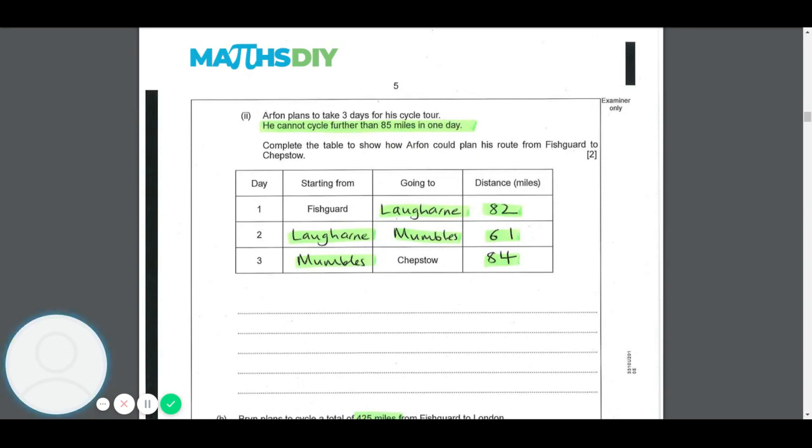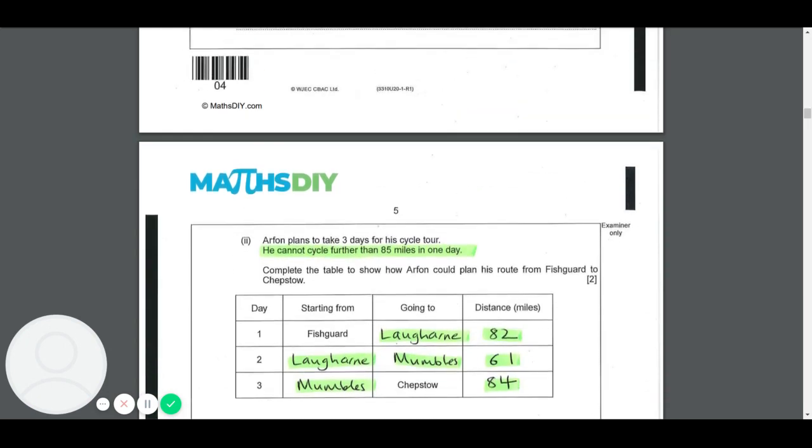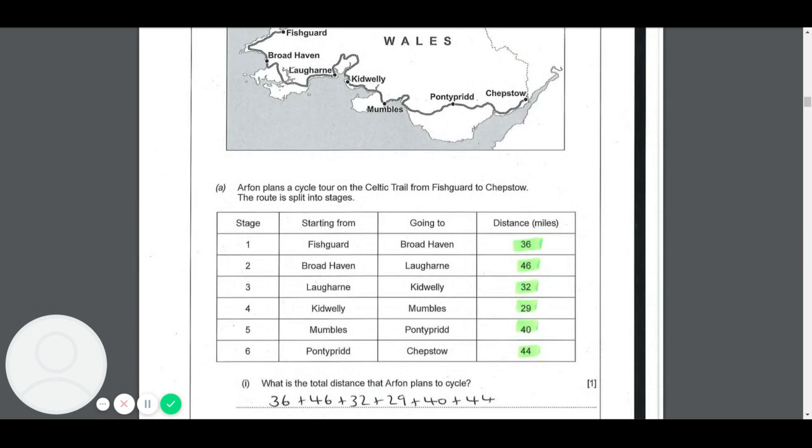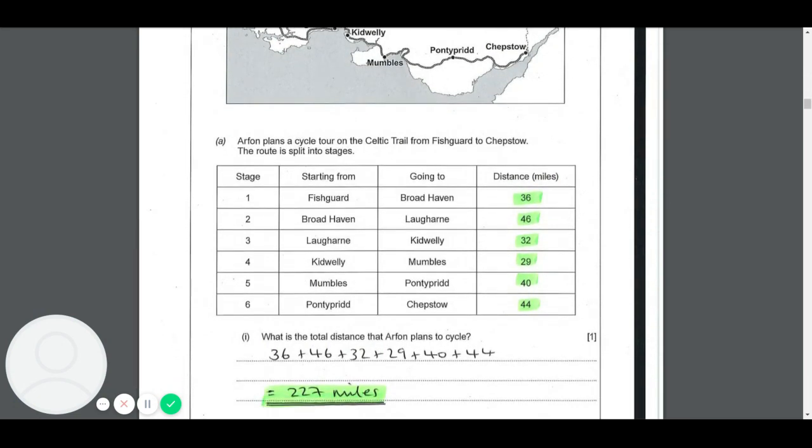Arfon plans to take 3 days. He cannot cycle 385 miles in 1 day. Complete the table to show how he could plan his route. So let's have a look. So we've got on this map, in the first day, you can go 2 stages, but no further. So that's what we should do.